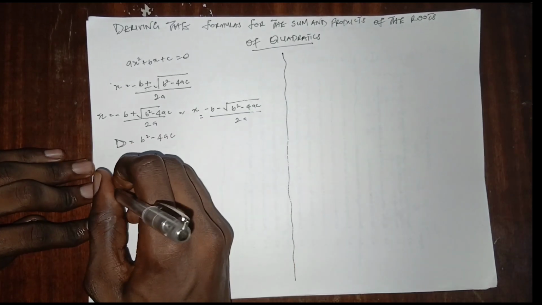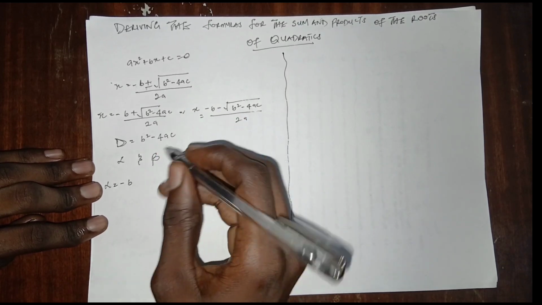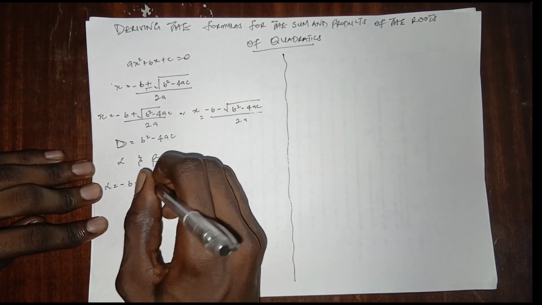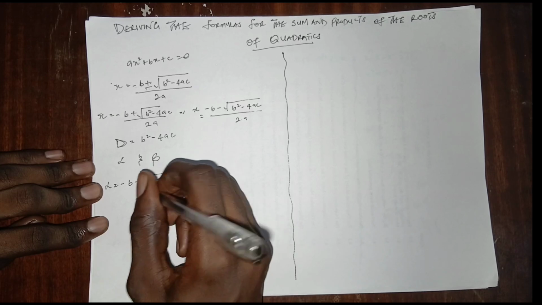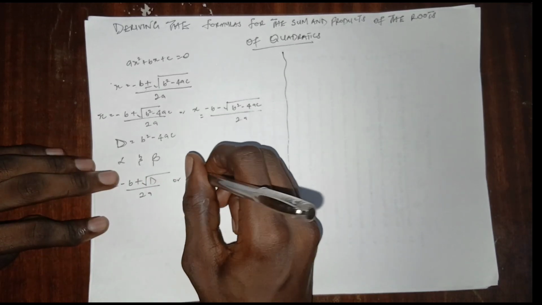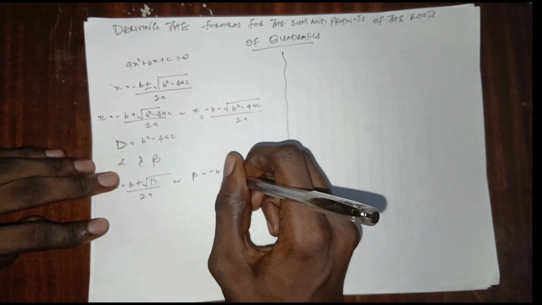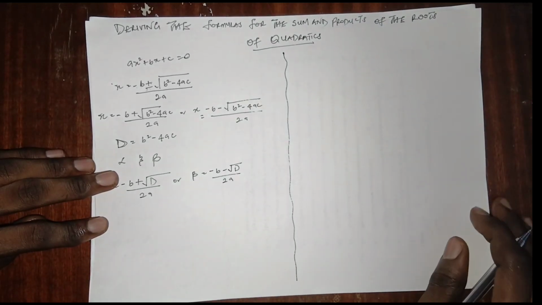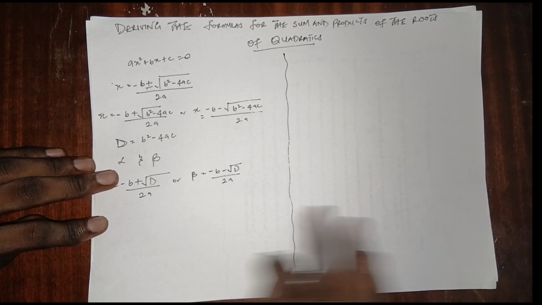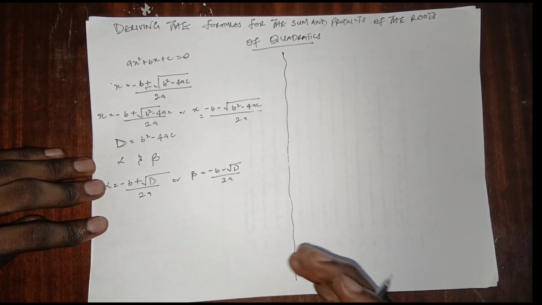So alpha is now equal to minus b plus root d over 2a, and it doesn't matter which is which, as long as you represent the two different ones with different letters. Beta equals minus b minus root d over 2a, right? So moving further, now we have two roots. Let's assume these are answers, just in formula form.